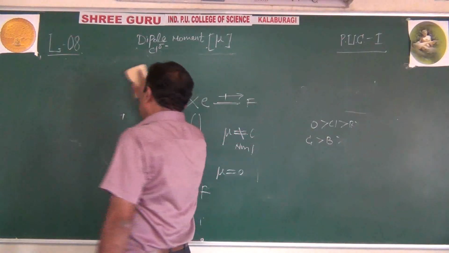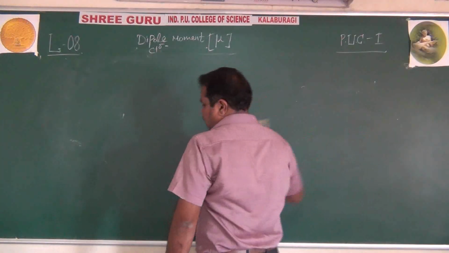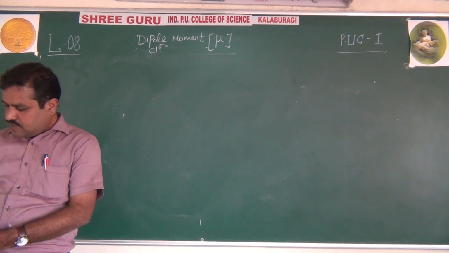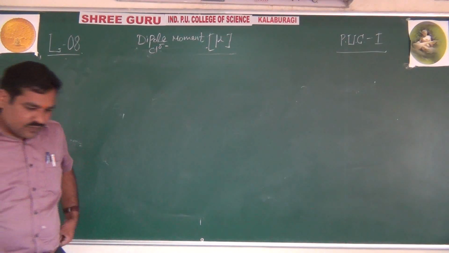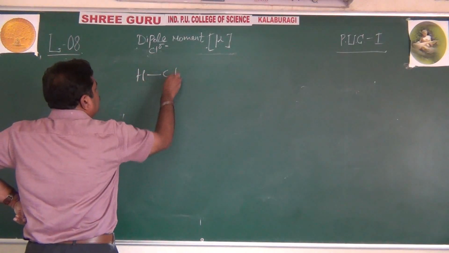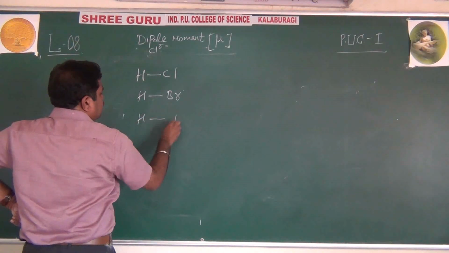Now, some more examples. For example, if you are given some compounds like HCl, HBr, even HI.